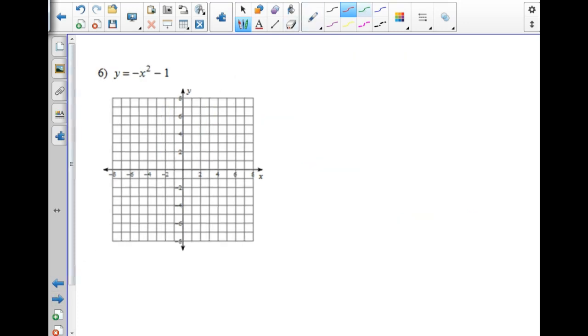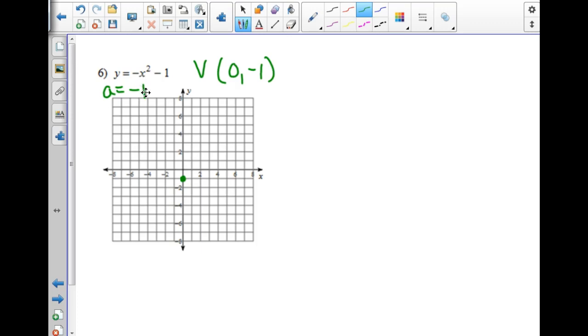Okay, let's try another. 6. All right, 6 has a vertex at 0, -1. The A value is -1, which tells me my parabola is going to open down, which we already have discussed. All right, let's go ahead and graph this. 0, -1. I'll do the 1 squared, 2 squared, but instead of up, I'll go down.